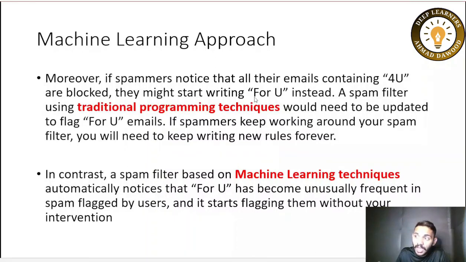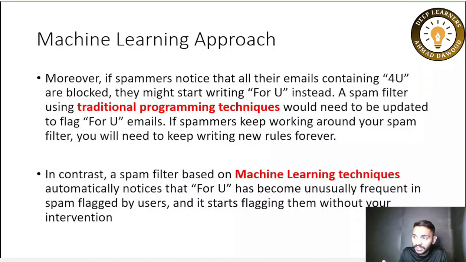If the email has this word 'FORU', then this email should also be considered spam. So think in a way that if the spammer keeps working around your spam filter, he will keep updating the words or phrases in the spam emails. You will need to keep writing new rules forever.